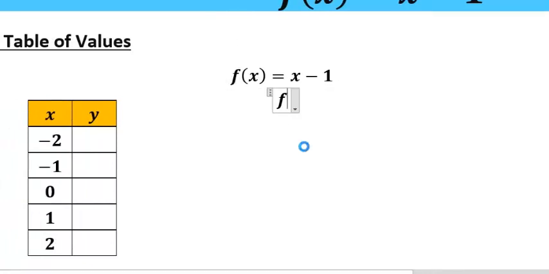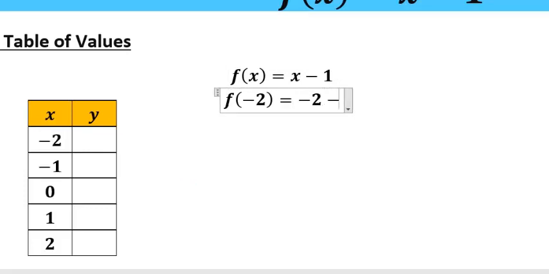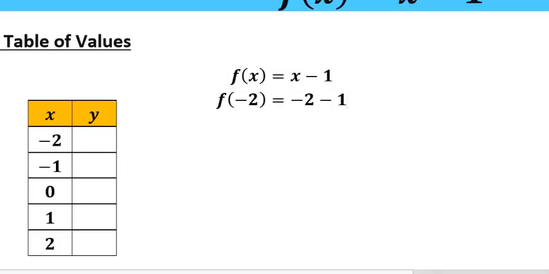So f, and the first x is -2, so I'm gonna put f(-2) equals, and instead of the x, I'm gonna put -2, so -2 minus 1. Same thing, f(-2) equals -2 minus 1 will be -3, and that will be the answer.